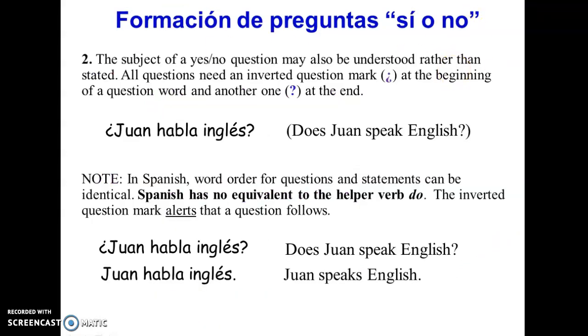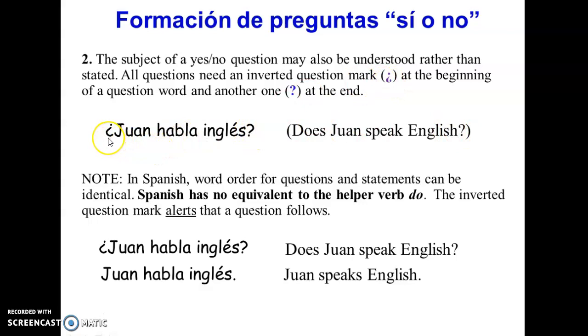Okay, the subject of a yes or no question may also be understood rather than stated. In this case, we are talking about Juan. Our verb and everything is going to agree with what we're talking about, and we need to use those question marks inverted at the beginning, and obviously at the end, like we do in English.